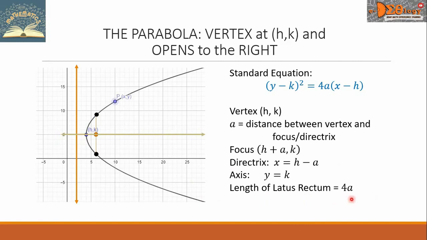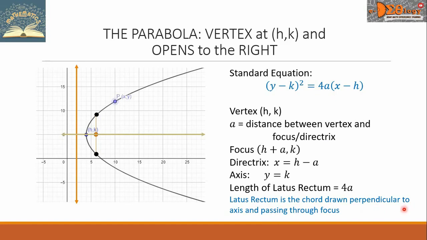This 4a is the coefficient of the quantity x minus h in the standard equation. Remember that the latus rectum is the chord drawn perpendicular to the axis and passing through the focus. Here in our graph, this is the latus rectum.